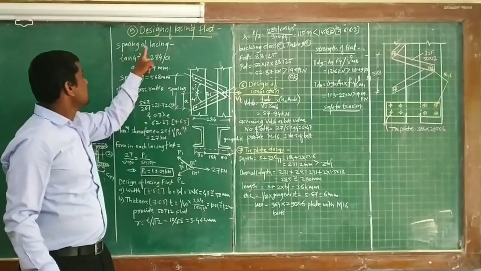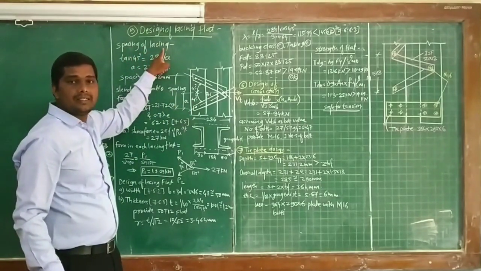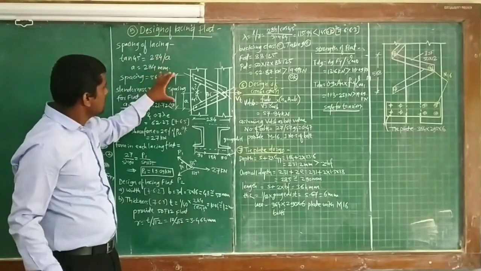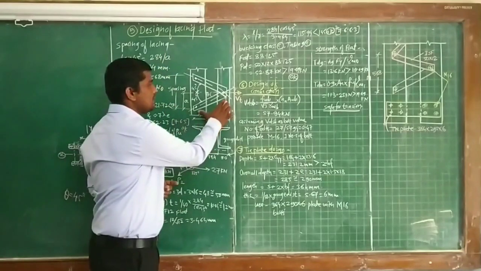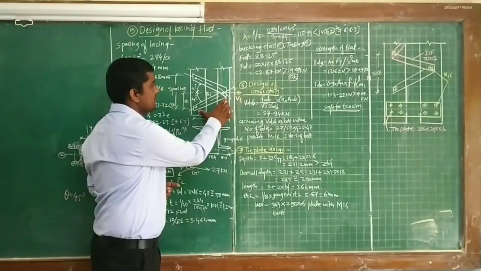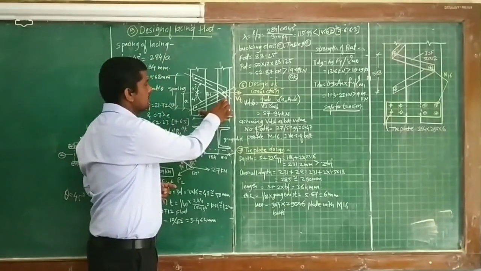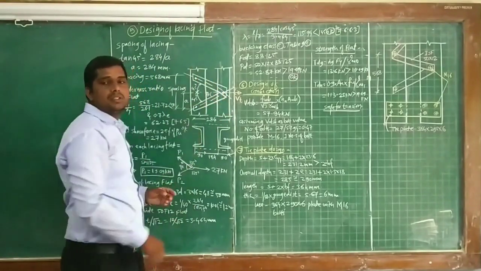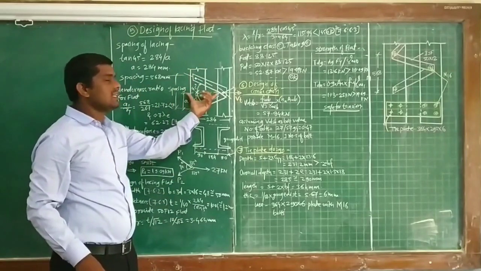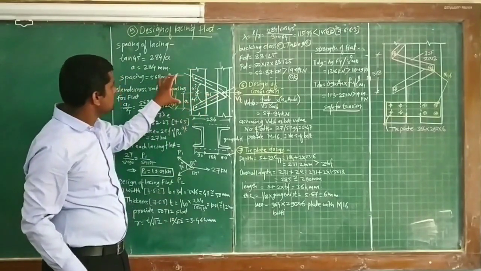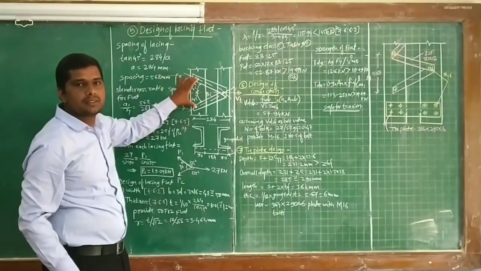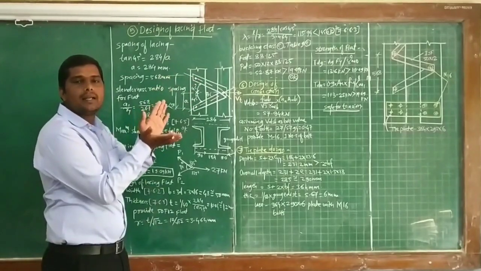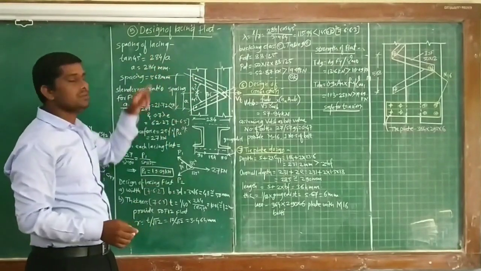So the spacing of this lacing flat we are going to find out. For example, this lacing flat is provided in this direction, and the same we are going to provide above the horizontal axis. Whatever the spacing between these two lacings, provided at an angle of 90 degrees, we are going to find out.